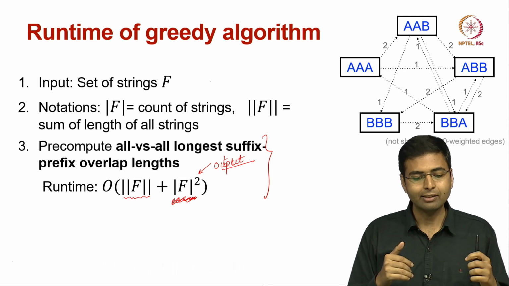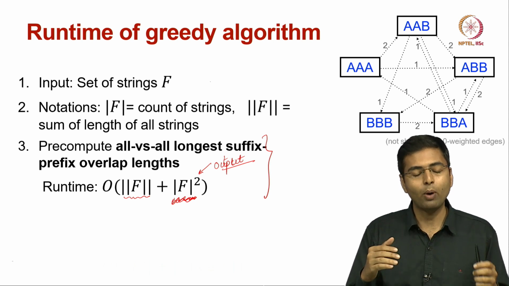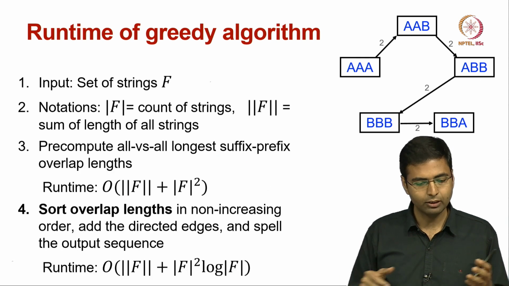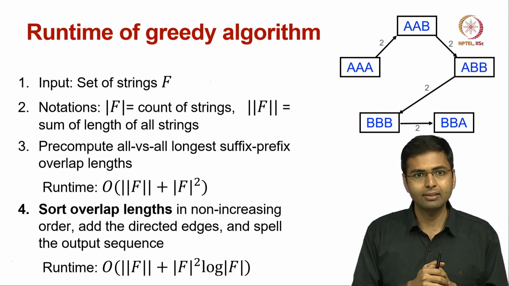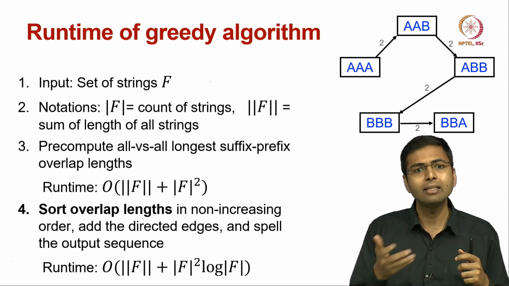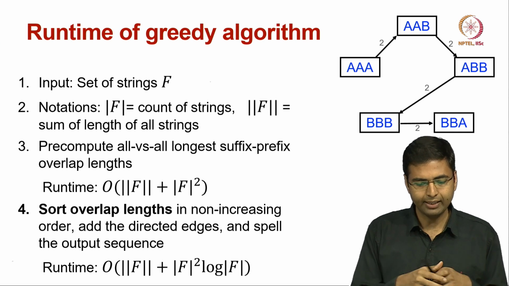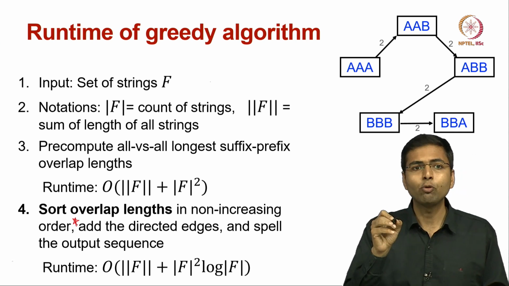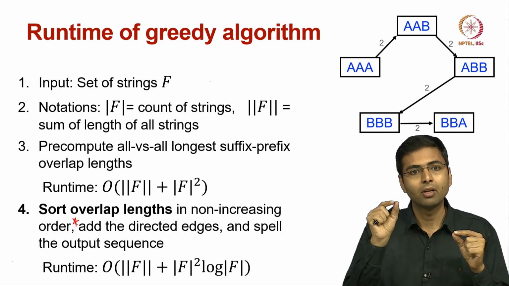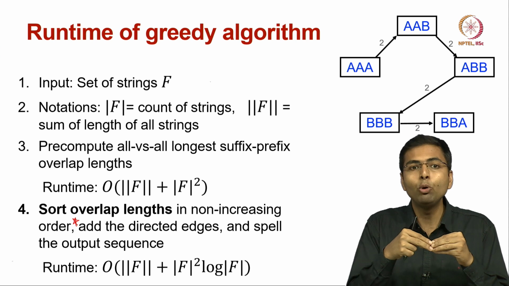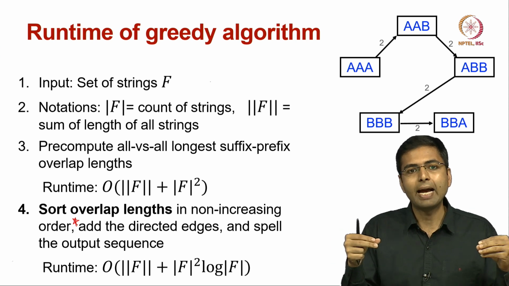Now, once you have access to the suffix prefix overlap lengths, what we need to do is simply sort these overlap lengths, and we can add the directed edges based on the overlap lengths and spell the output sequence. One detail I have missed is that we also have to keep track of the degree of the vertices, so we can keep a Boolean array to remember that.